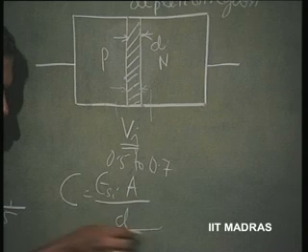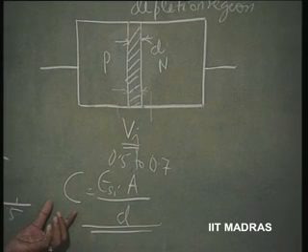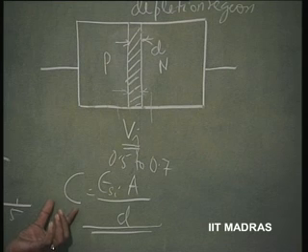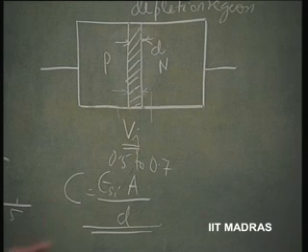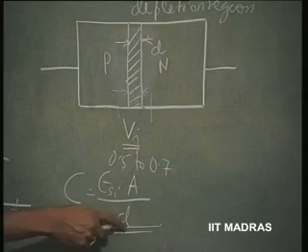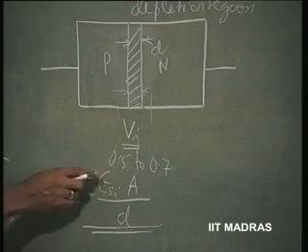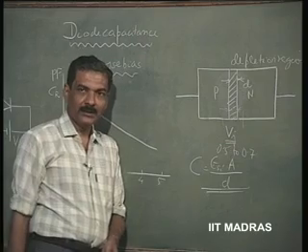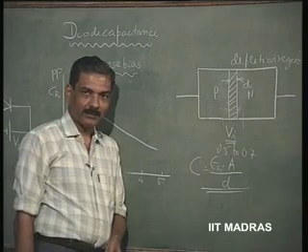This is the normal way parallel plate capacitance is defined: the distance between the parallel plates, d, comes in the denominator, epsilon into the area of the capacitance plates.